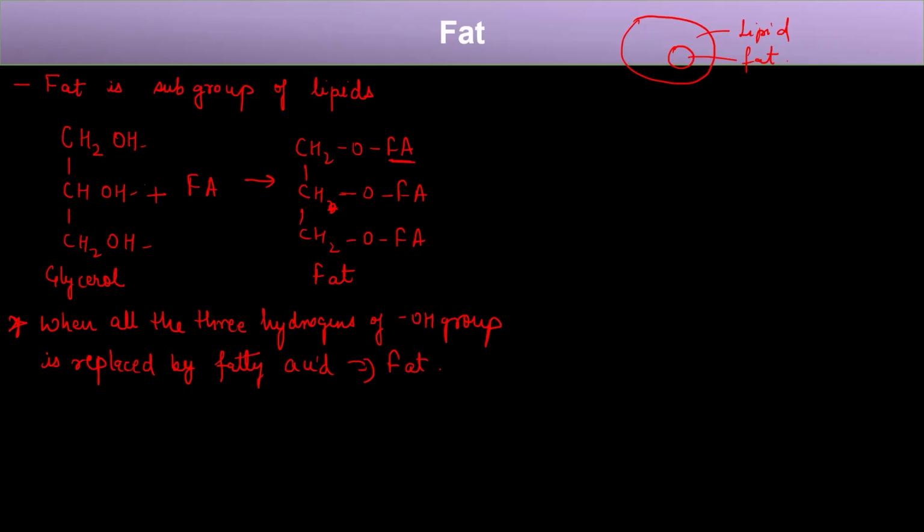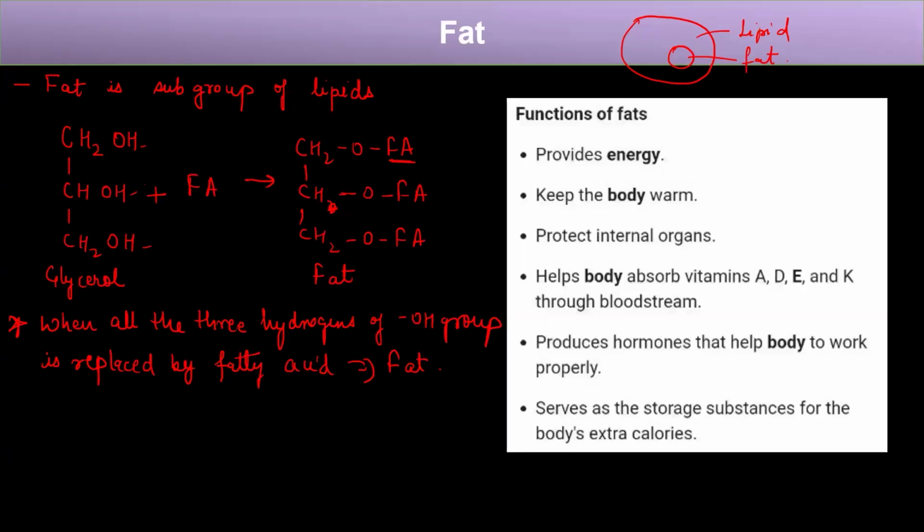Now, what are the roles or functions of fat? Because we often say that we should not take a high fat diet, right? But is fat always bad? The answer is no. Fat plays a variety of important roles in our body. The first function is that it provides energy. Fat undergoes oxidation and provides energy.